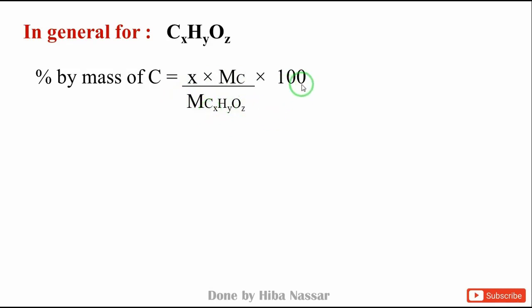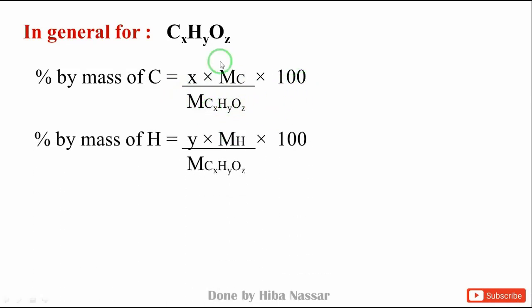So the same for hydrogen. Percentage by mass of hydrogen is equal to the number of hydrogen, which is equal here to Y, times molar mass of hydrogen divided by the molar mass of this compound, times 100.